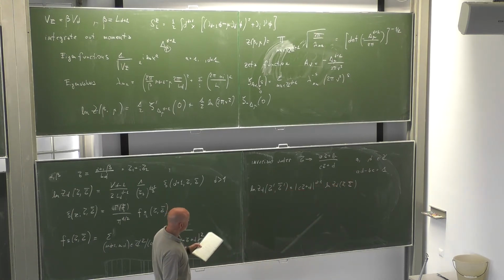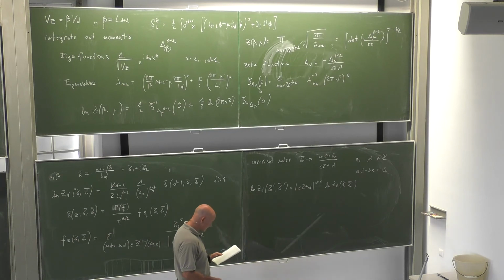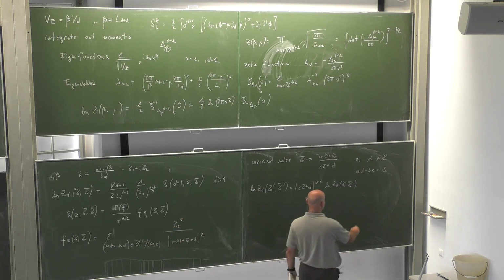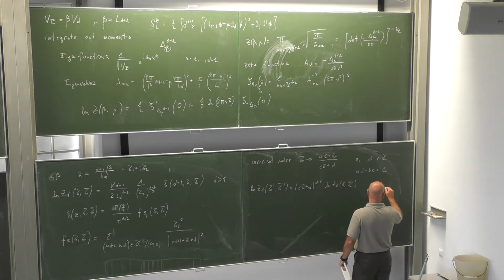Okay, so that's the modular covariant partition function that you are going to compute. And this result is valid for d strictly bigger than 1.